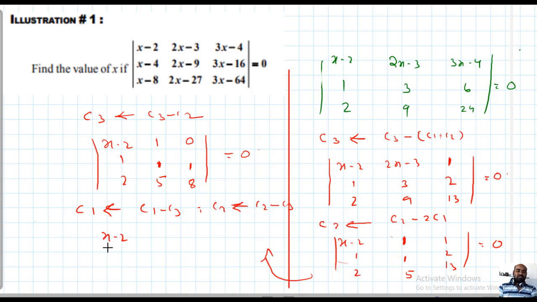Next 1 minus 1, 0. What is that? 2 minus 8, minus 6 here. C2 also I change. What is that? 1 minus 0, 1 only. 1 minus 1, 0. 5 minus 8, that is minus 3. So 0, 1, 8. In this way also you can find.